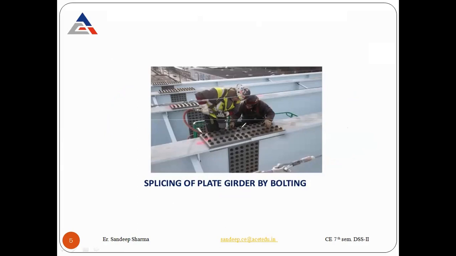First we have to make the holes in that plate, and then we join with the bolted connection which we provide in between the splices and the flange plate, as well as on the web plate. This is the kind of splicing work that we also do in the case of plate girders.